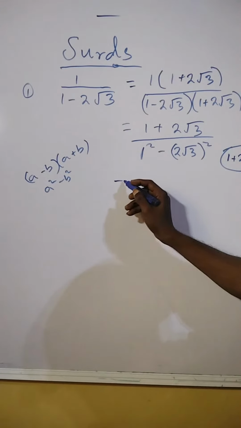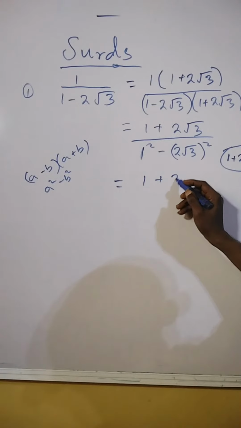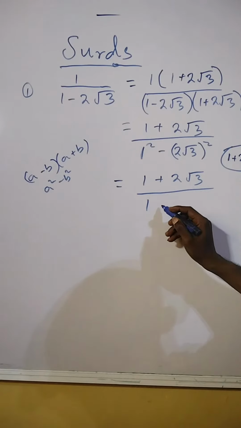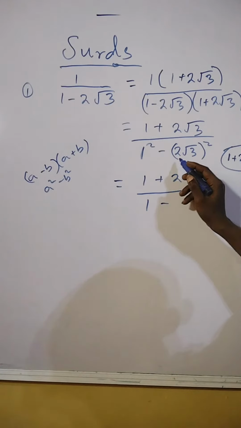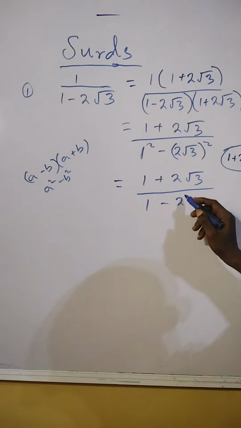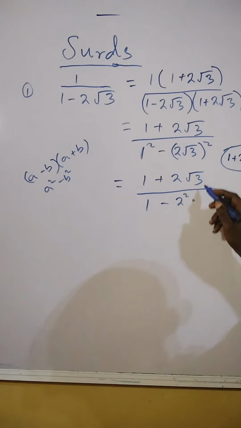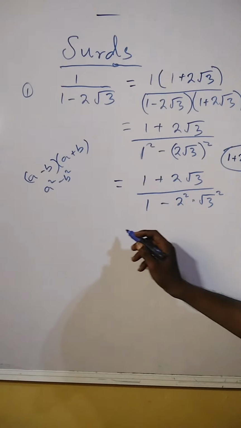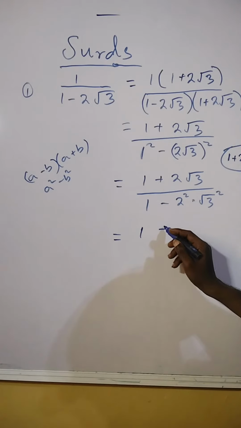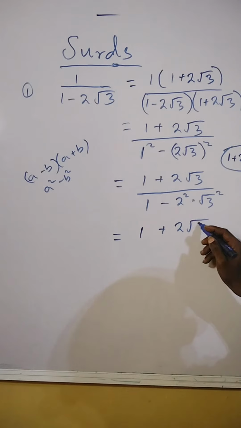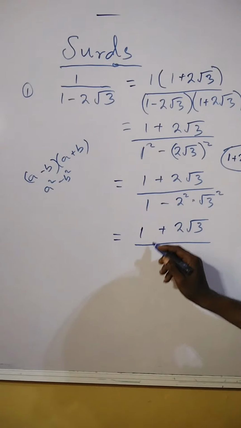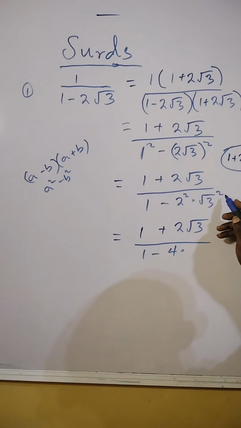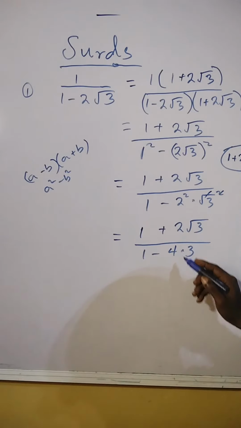Okay, so here this becomes 1 plus 2 root 3 divided by 1 squared is 1, then minus, here we affect the square on 2. So we have 2 squared, then times root 3 squared. So here we have 1 plus 2 root 3 divided by 1 minus 2 squared, that's 4, times root 3 squared, square cancels square root, we have 3.